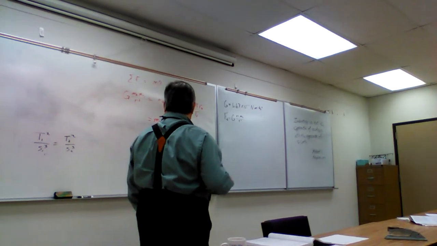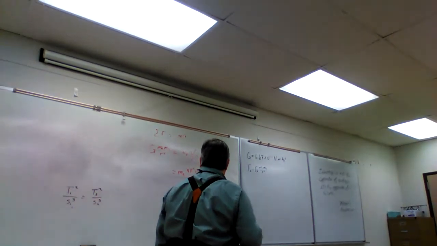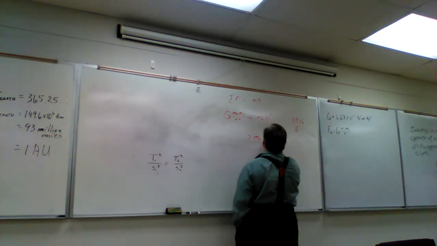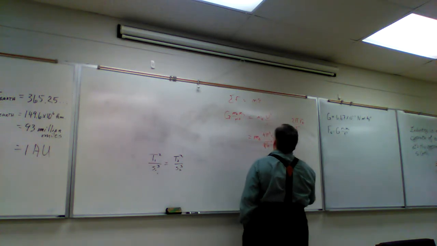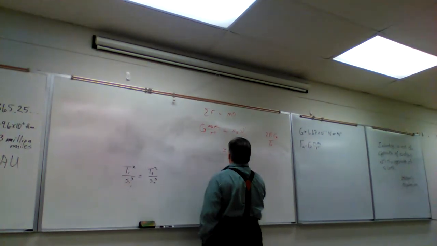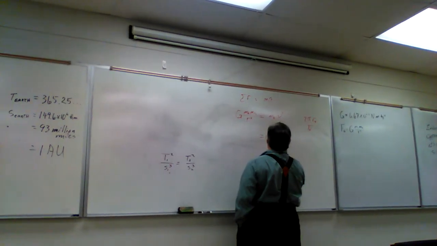Did I miss something? Oh, I sure did. I've got v squared, but I still need to put it over the radius of the Earth, which will cancel one of these. So we've got, thank you, good catch, mass of the Earth times 4 pi squared radius of the Earth divided by the period of the Earth squared.